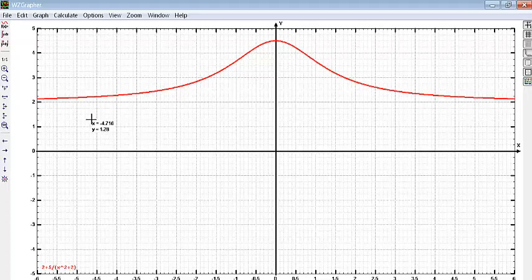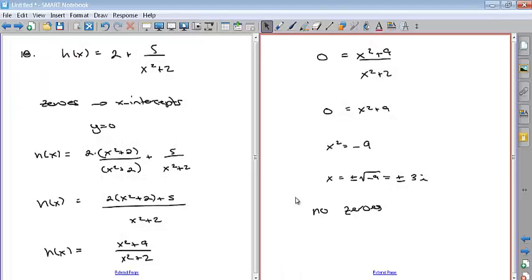You see it has a horizontal asymptote at 2. It has a y-intercept of 4.5, but it has no x-intercepts or no zeros. For the y-intercept you set x equal to 0, so you get 5 halves plus 2, which would be 9 halves. That's how that happens.